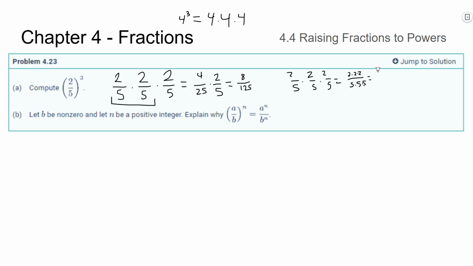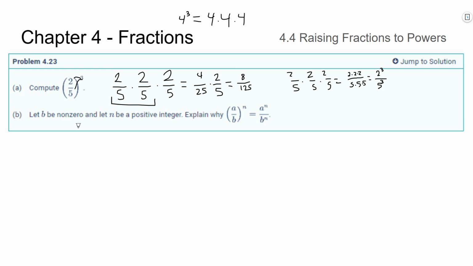So that will actually equal, look at this, 2 cubed over 5 cubed. And so 2/5 cubed is equal to 2 cubed over 5 cubed. So this exponent here, it's not called distribute, but it sort of distributes there, right? So it goes to the 2 and it goes to the 5, both the numerator and the denominator.